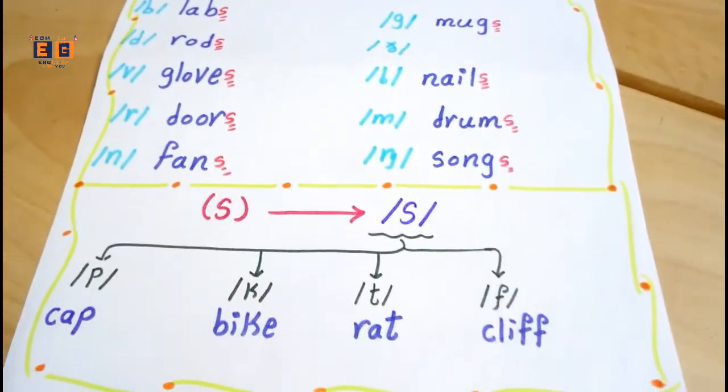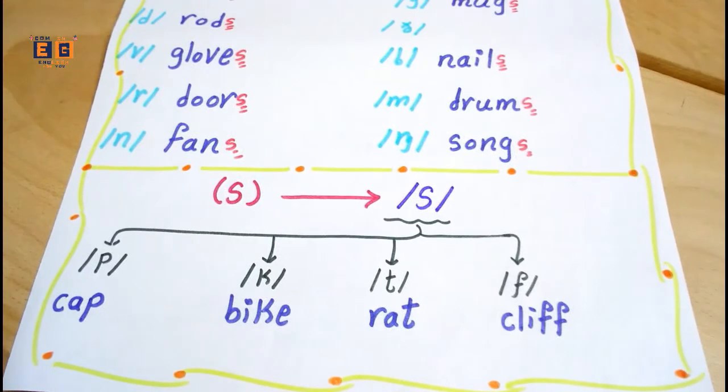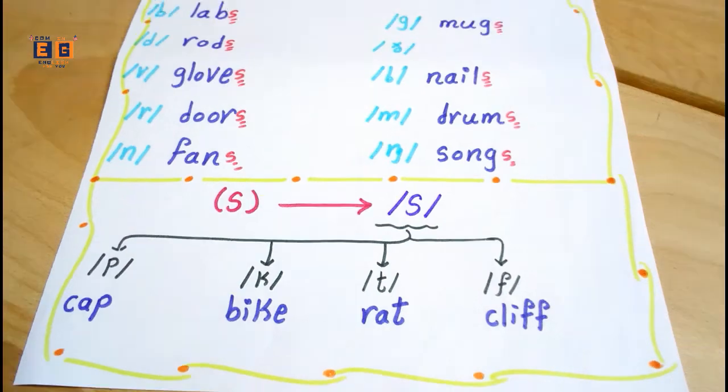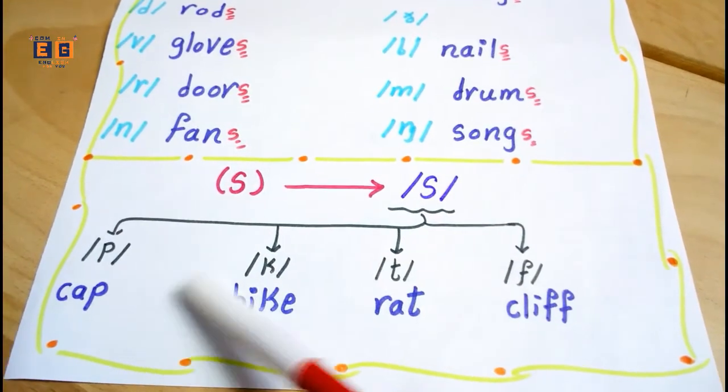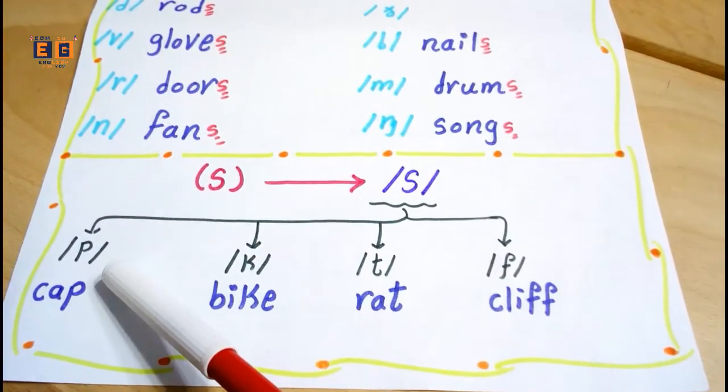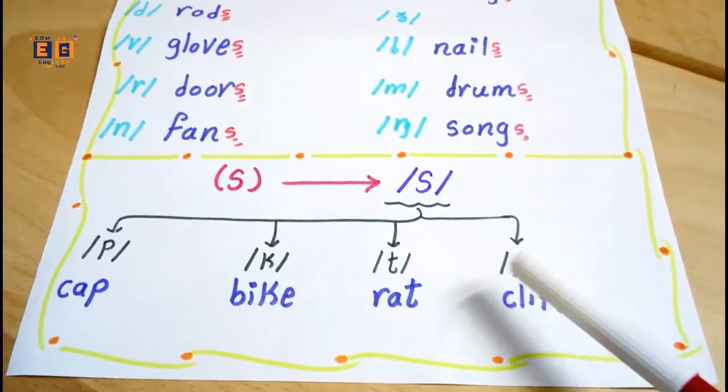And the third and last ending is how to pronounce letter S as an S sound with no difference, with just these four endings: p sound, k sound, t sound, and f sound.